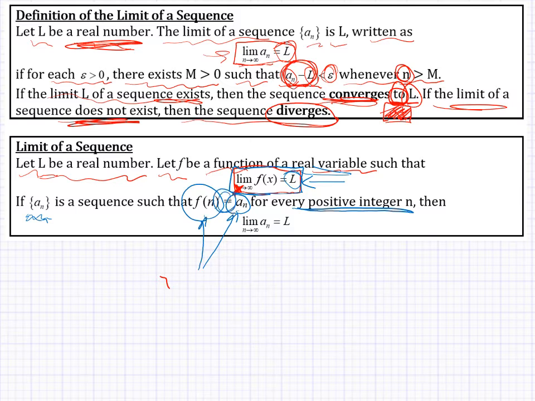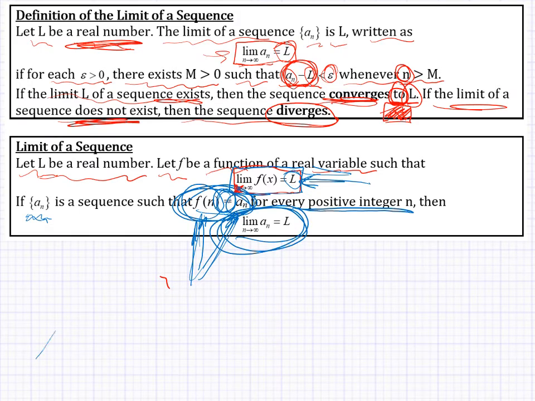They're equal. When I plug 2 into the sequence and 2 into the function, they're the same. 3, 3, 4, 4, etc. Then if the function approached L, and since the function value and the sequence value are the same for every n value, then the sequence should also approach L.